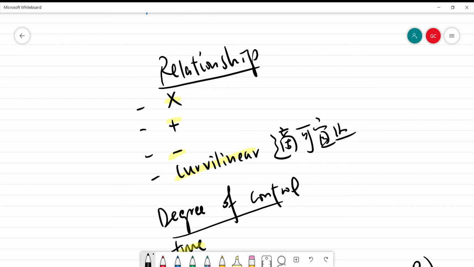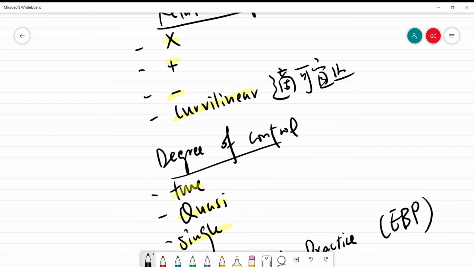That means for the positive relationship, for example, if you do more exercise, your 6-minute walk result will be better. Better means higher. You can walk farther and with a longer distance. So this is an example for a positive relationship.